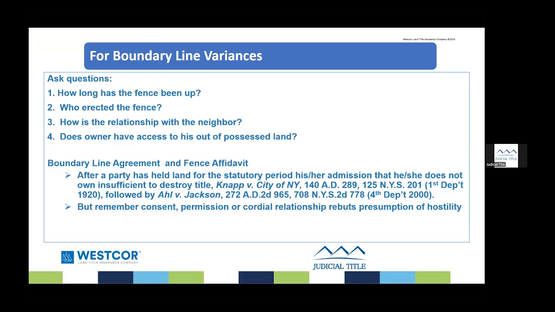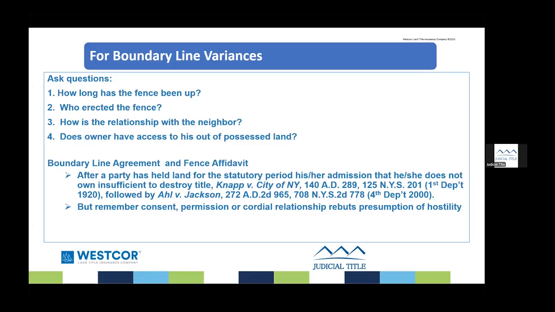So for boundary purposes and boundary line variances, whether you're in the city or in rural areas, it's important because you want to know which statute to apply, depending on when a particular adverse possession could have been considered settled in any way, shape, or form.